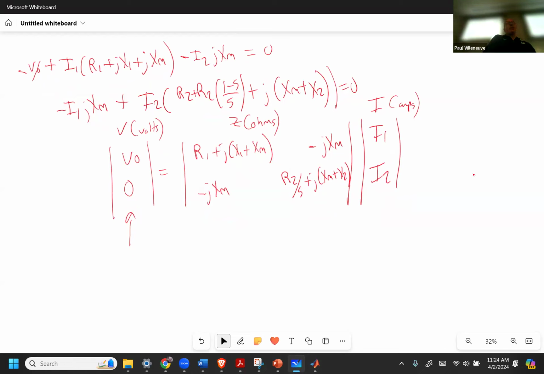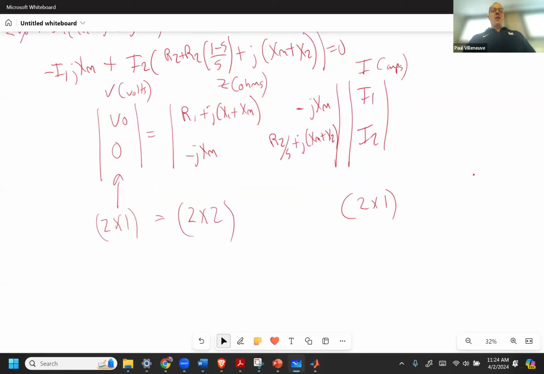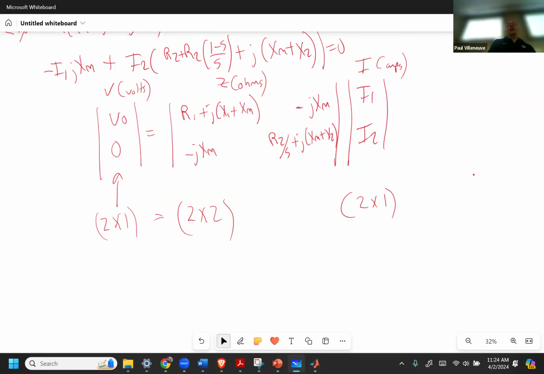But when I'm working with matrices, I've got to be careful to make sure the dimensions of the matrices work. So this is a 2-row by 1-column matrix. This is a 2-row by 2-column matrix. And this is a 2-row by 1-column matrix. So if I want to be able to solve properly, I need to make sure all the dimensions work out.